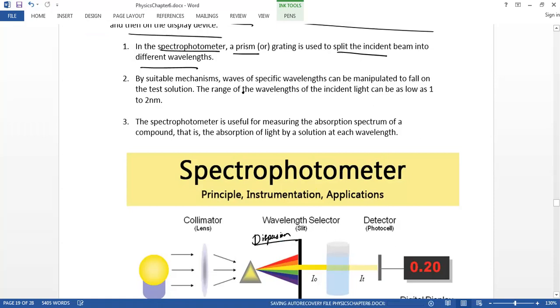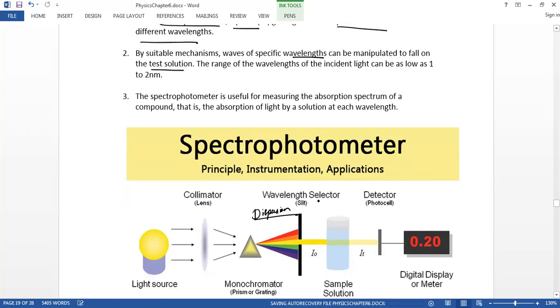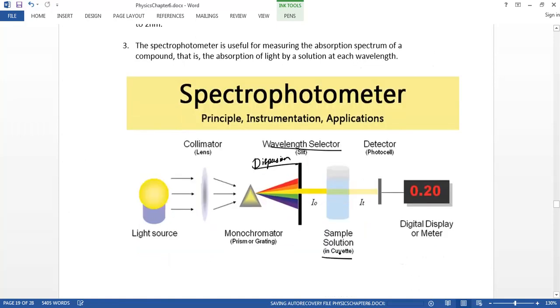Next, by a suitable mechanism, light of a specific wavelength can be made to fall on the test solution. For example, this is the wavelength selector. We select a particular wavelength; in this diagram, only the yellow light is allowed to pass through the sample solution in the cuvette.